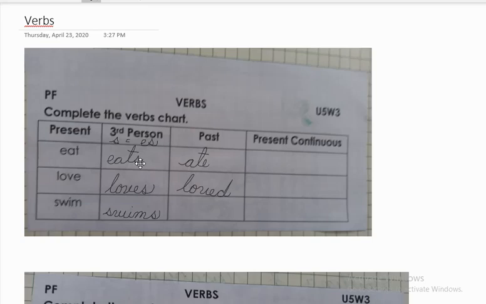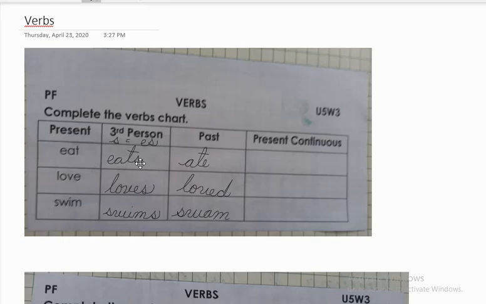Remember that with regular verbs, we only add the letter D or ED. And in the case of irregular verbs, they change, okay? So let's go to the third verb, and it says swim, but in past, we must write swam.